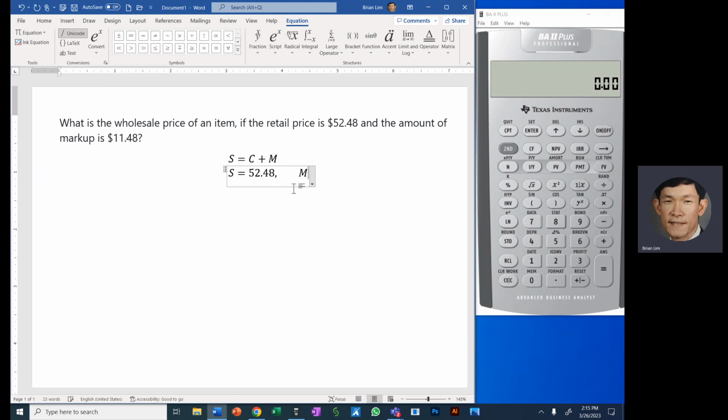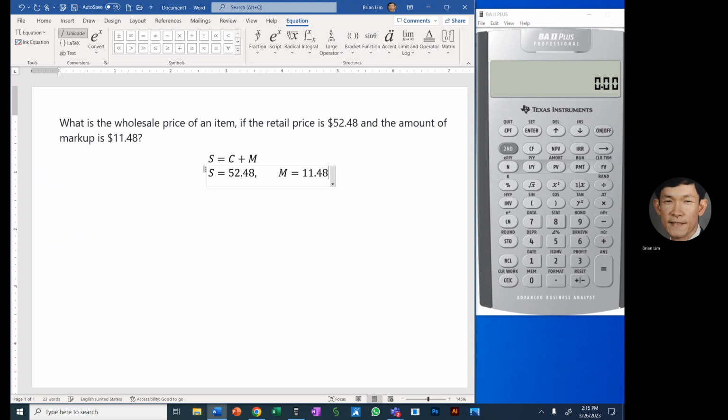And the markup is equal to $11.48. All right, so let's put those in. 52.48 is equal to the cost plus 11.48.